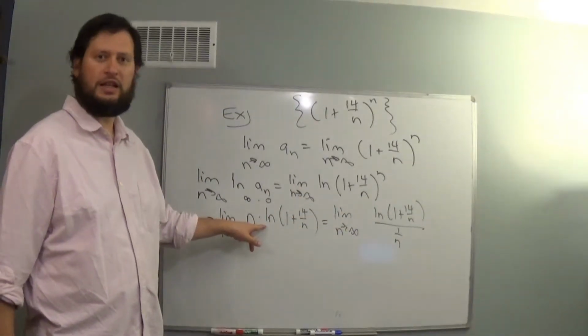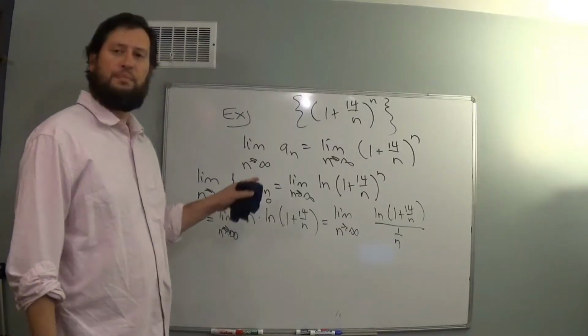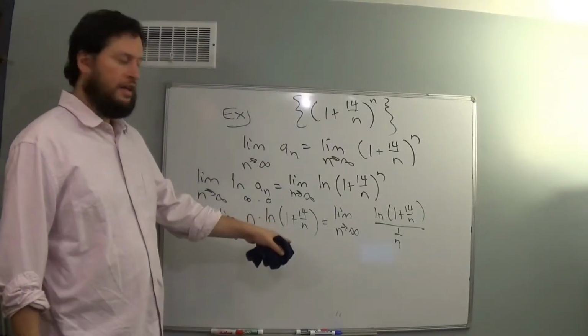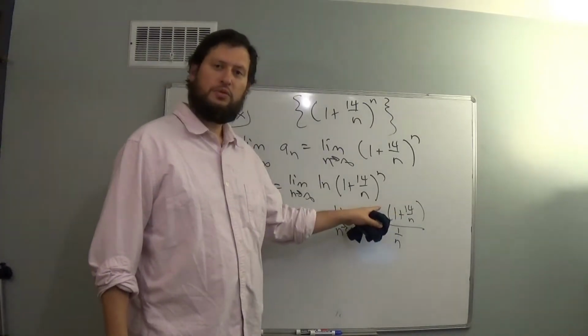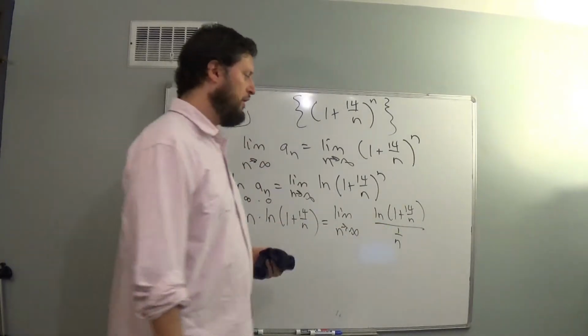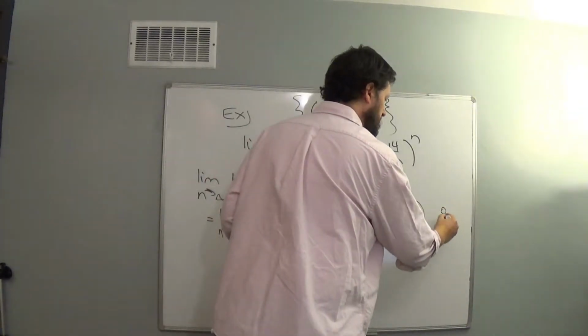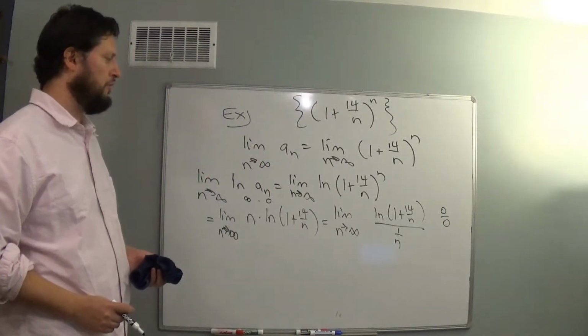So we haven't done anything. We've just done some regular algebra. But the power is that now when I plug infinity in, I get ln of 1, which is 0, and I get 1 over infinity, which is 0. So that has turned this into 0 over 0, and we can actually apply L'Hopital's rule.